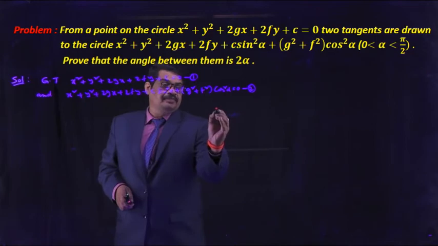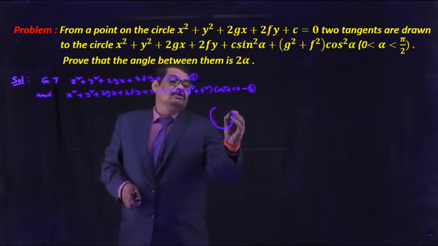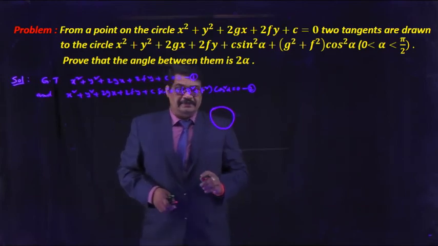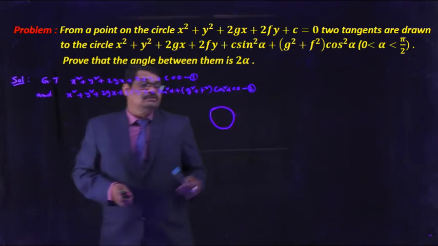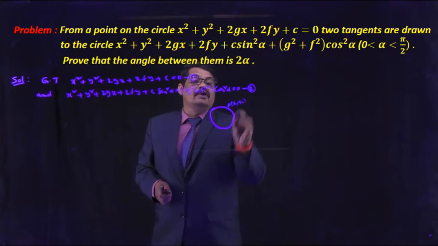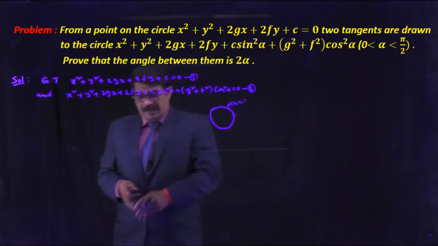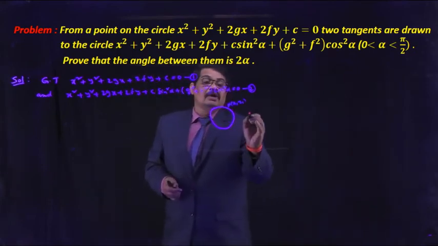This is the given first circle. Next, we take a point on this circle, say P is (x1, y1). Now we draw the tangents from the point to another circle.